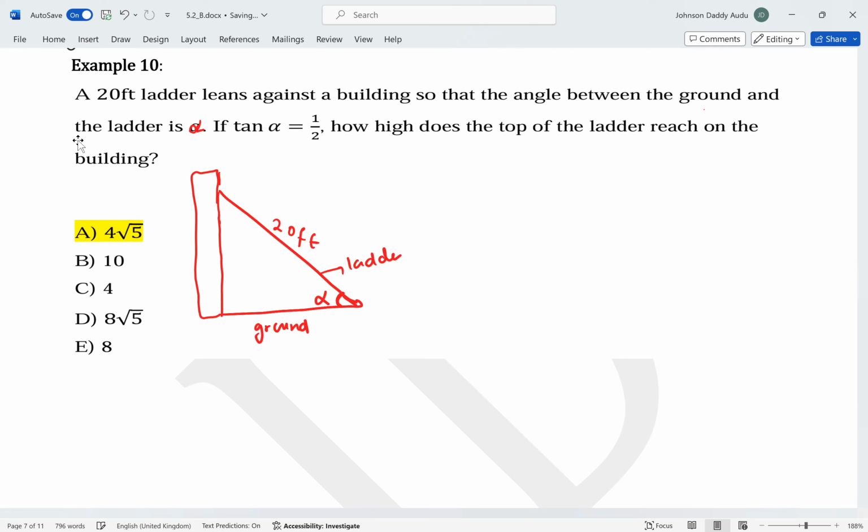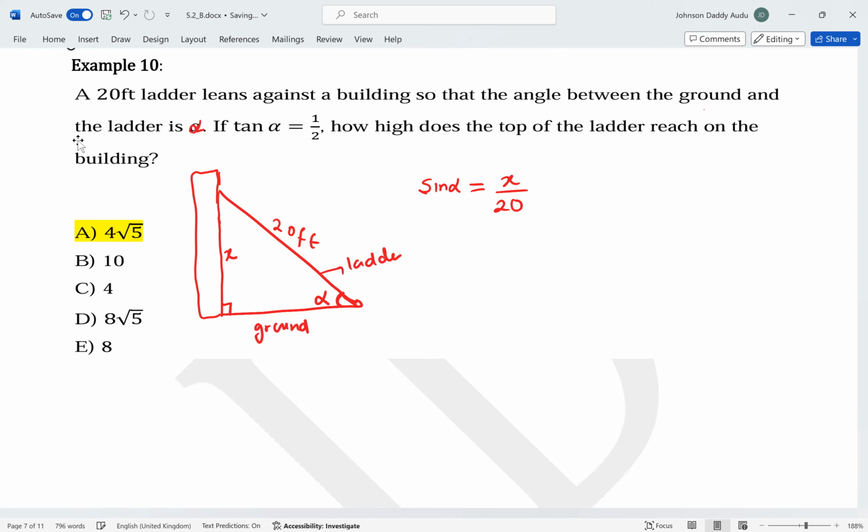But the thing here now is this. We don't know what alpha is, right? From this diagram, what will be tan alpha? Tan alpha is going to be opposite, so it's just going to be X over the adjacent. Based on the information we have, if we want to find X, what we can use is sine alpha, because sine alpha is going to be X over 20.